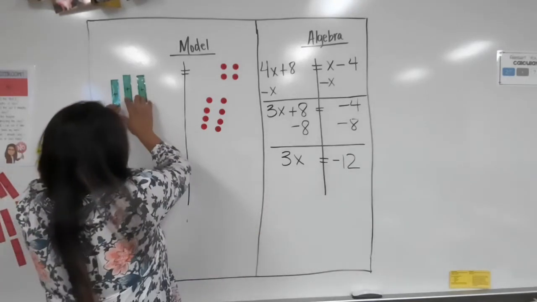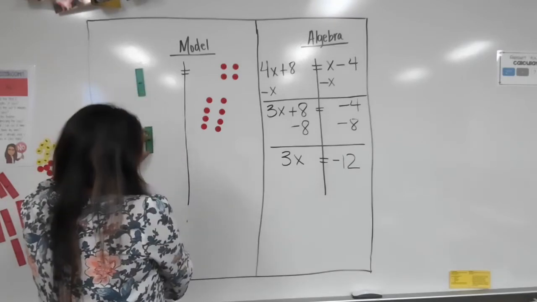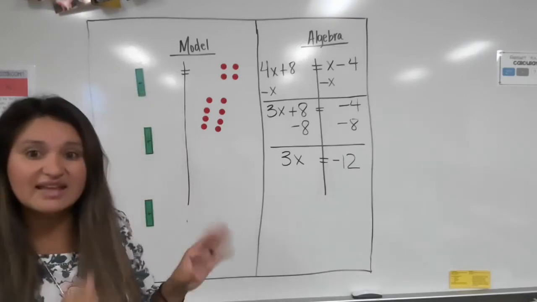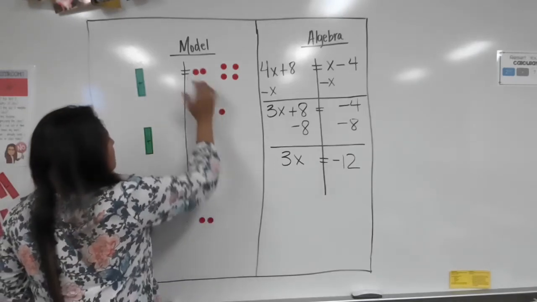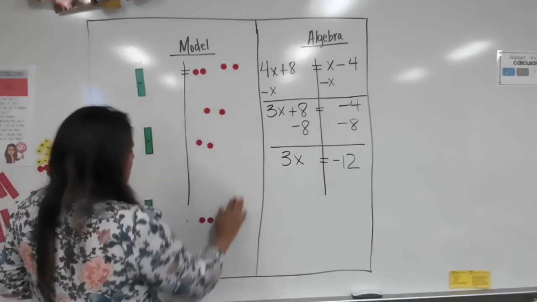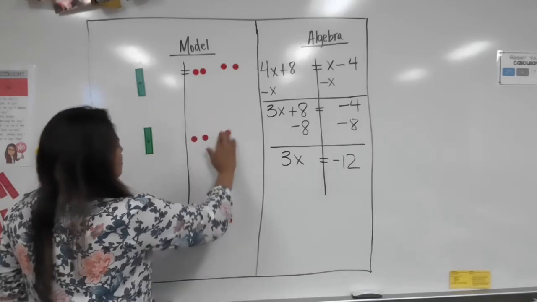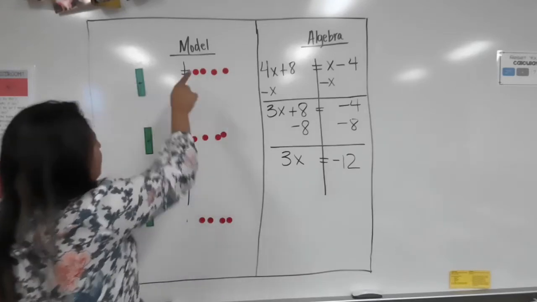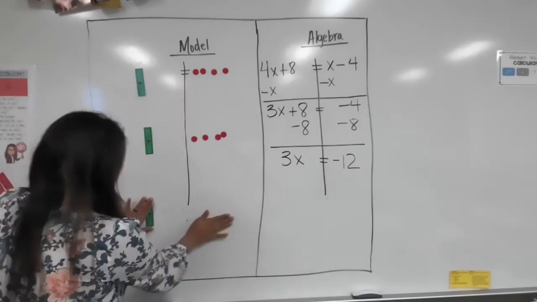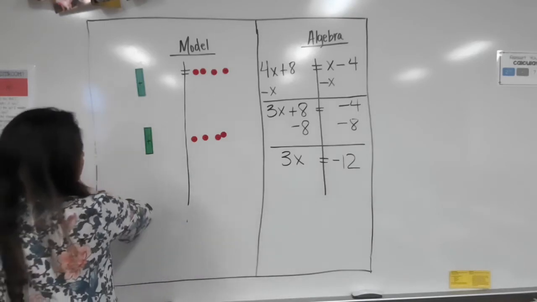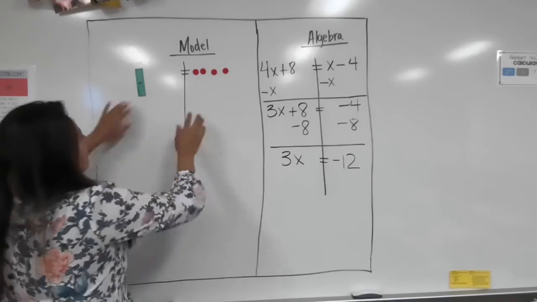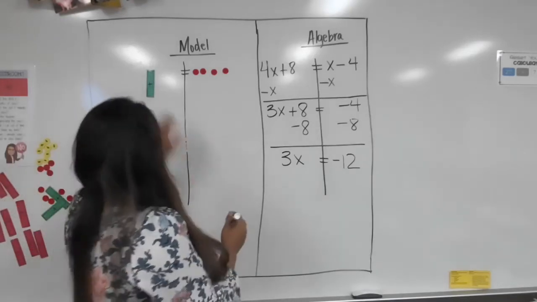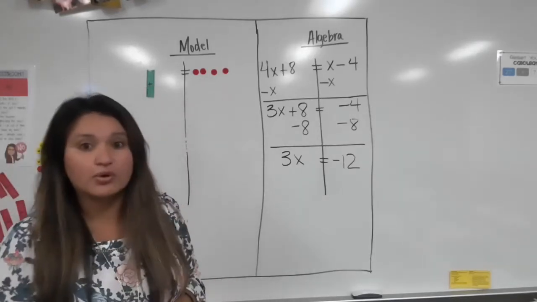So the opposite of multiplication is division. I'm going to divide these into groups, and make sure my groups are all equal. In every group, I have 4 negatives. So I divided by 3. Let me get these out of the way. And 1x is equal to 4 negatives.